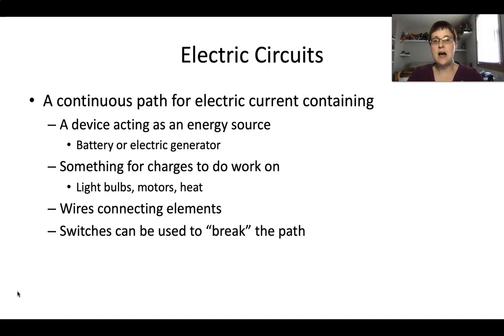You can't stop the light bulb, the motor, or the heat if you don't have a way to stop the current flow. You can turn off the generator or pull out the battery, but it's easier to put in a switch, because a switch can be used to break the circuit path so that the electrons can't flow. That will stop the current and no longer supply the power on the circuit.